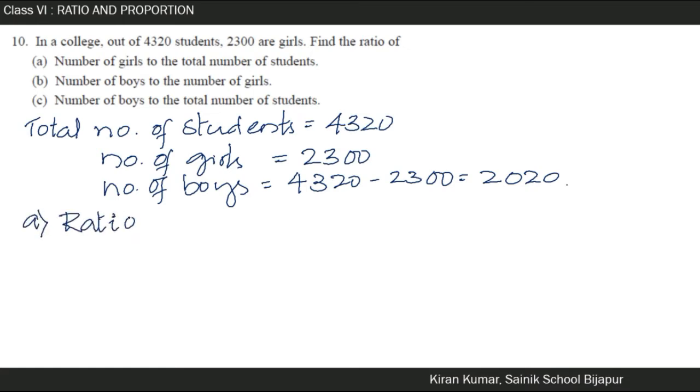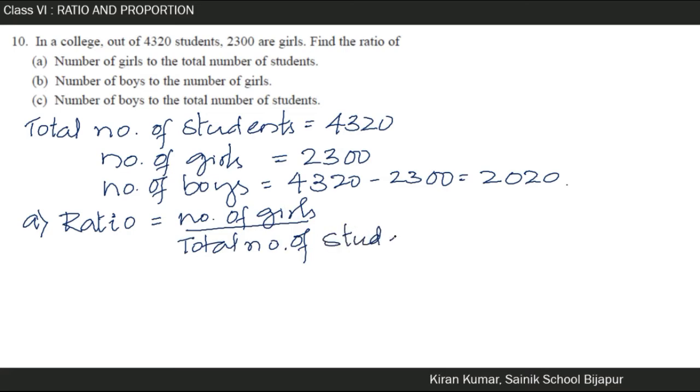Here the first one is find the ratio of number of girls to the total number of students. Therefore, the ratio will be 2,300 upon 4,320.